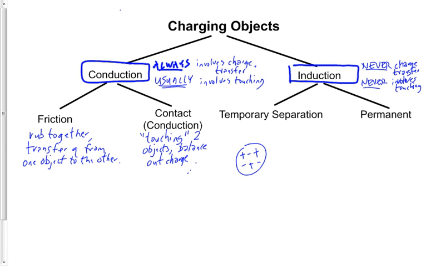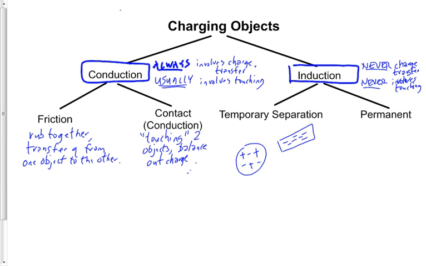It could be 3 billion positives and 3 billion negatives. It doesn't matter. Equal number of positives and negatives. Let's bring another object nearby. Let's make it negative. I'm not suggesting that this object only has electrons. It just has more electrons than protons. So it's a negatively charged object.